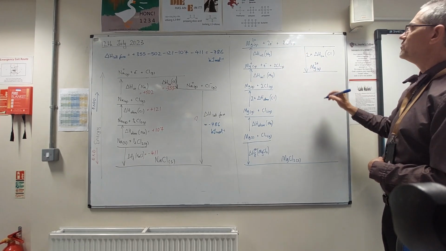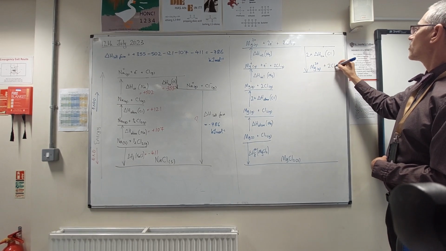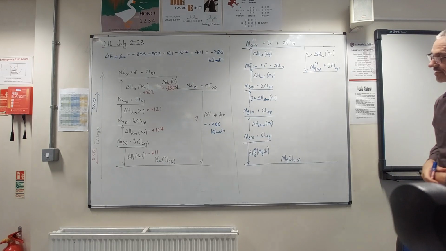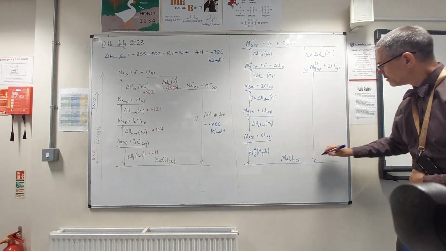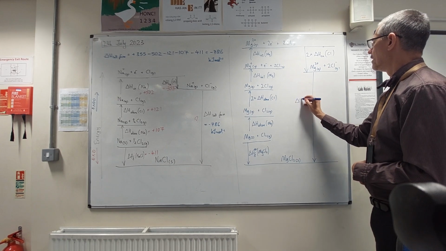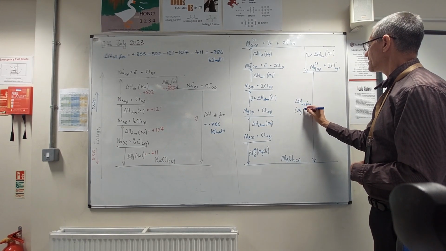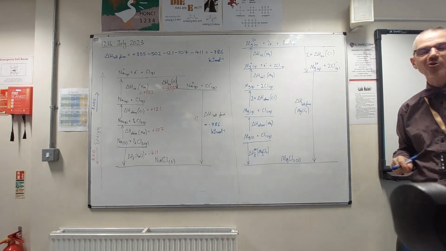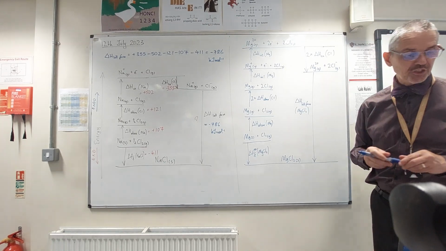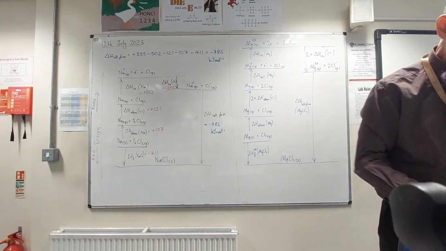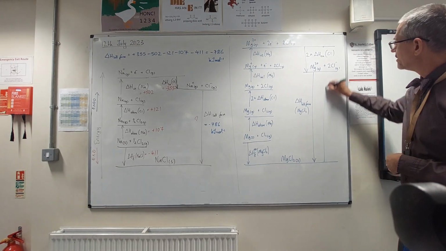So I've now got Mg2+ gas and 2 chloride ions, gas phase, and that means we are ready now to go for the lattice formation enthalpy of MgCl₂.